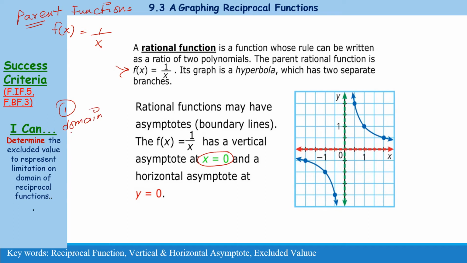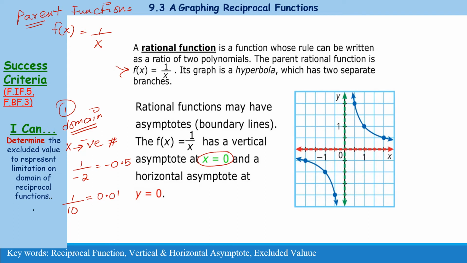So, in order to understand the characteristics of this function, I will look at the domain. Domain means all x values which you put in place of x and you get an answer. You can substitute one by one. For example, if I put negative 2, I will get 1 over negative 2, which gives me negative 0.5. Put any positive number, for example 10, and you will get 0.1.